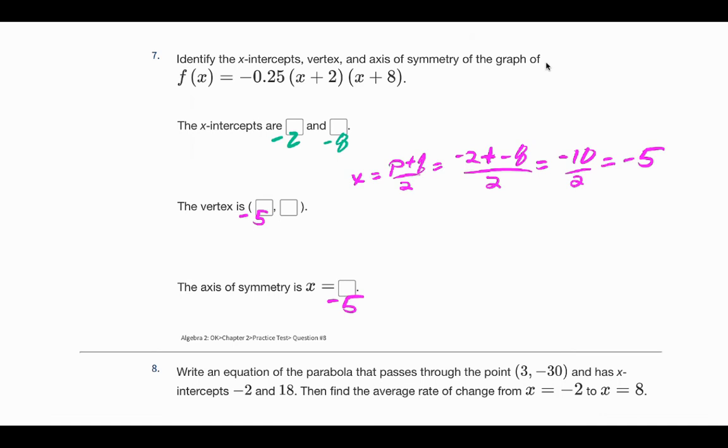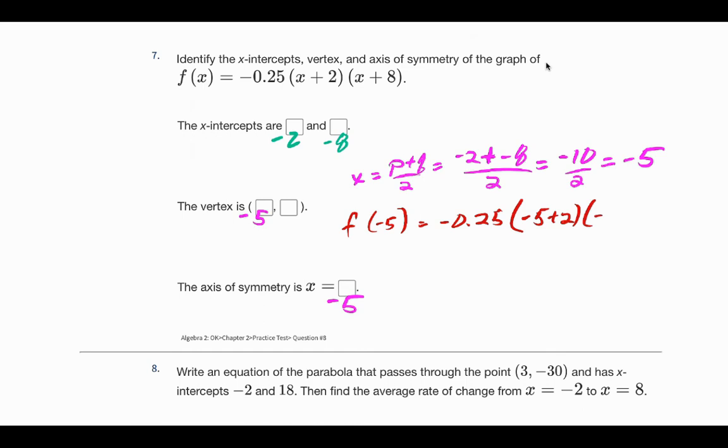And then to find our y value, we're going to take our function and we're going to evaluate it at negative 5. So again, it's telling us that x is equal to negative 5. So I have negative 0.25. And then I'm going to take negative 5 plus 2.